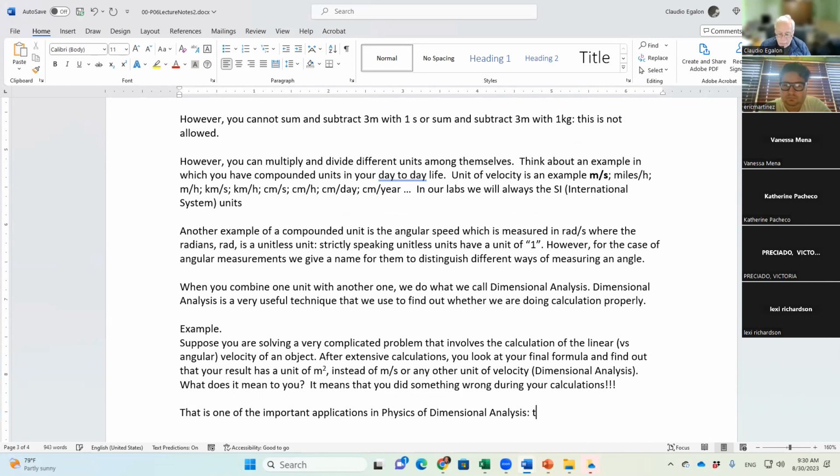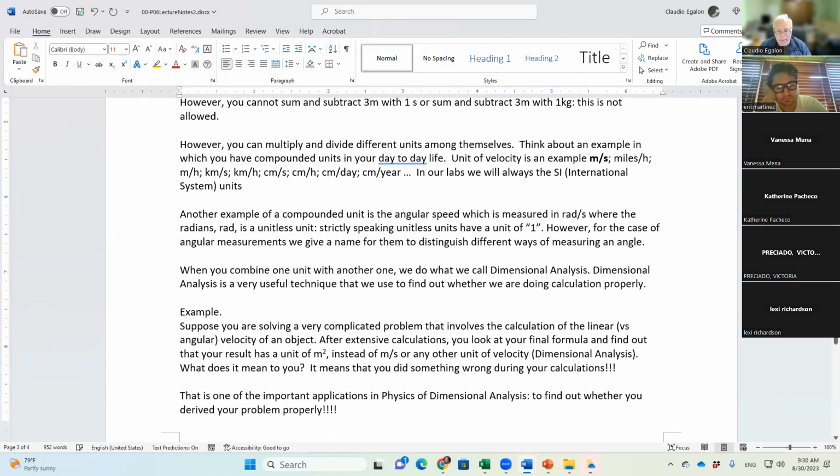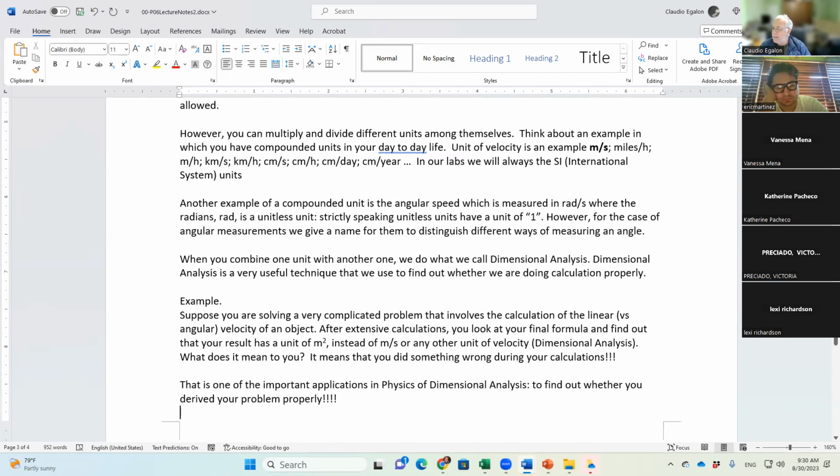To find out whether you derived your problem properly. That's why we cover that. So get used to dimensional analysis, okay?